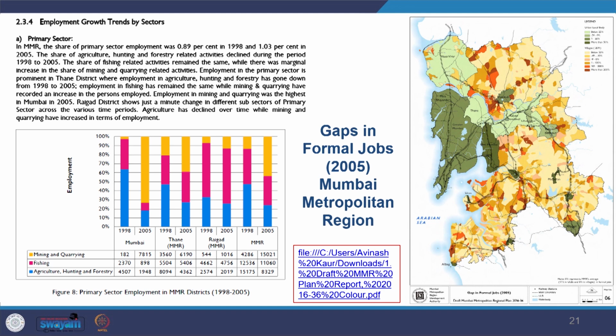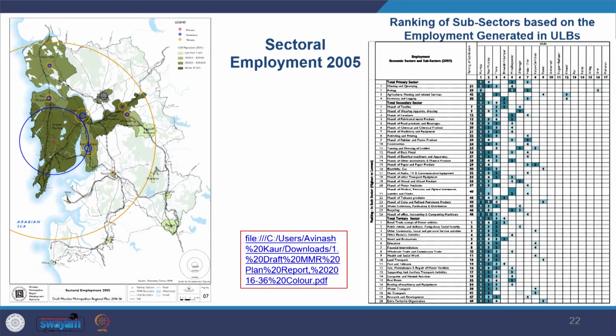These kinds of data, and how you present the data, help you build a profile. Here again, in this example, you can see the ranking of subsectors based on the employment generated in various urban local bodies. On the left-hand side you can see the primary, secondary and tertiary sectors and how they are geographically distributed.